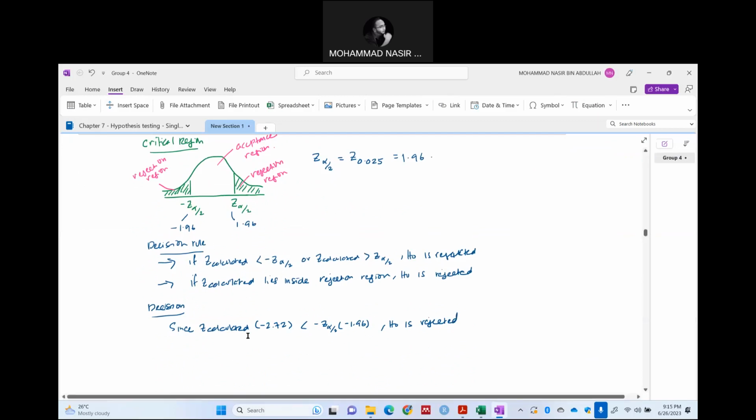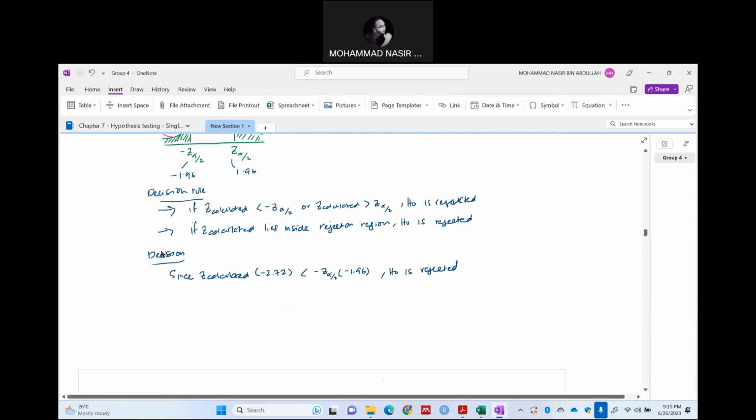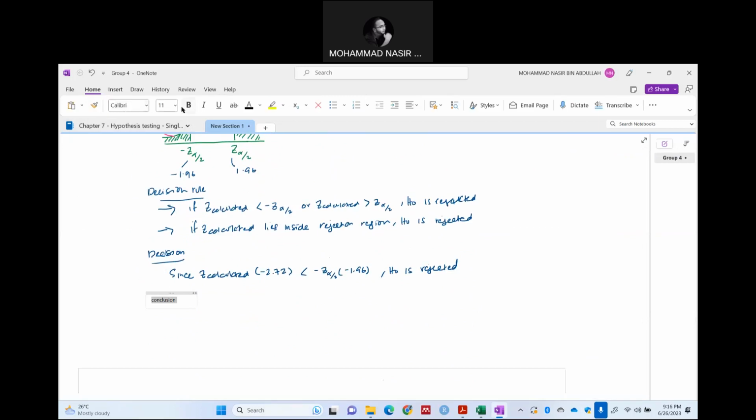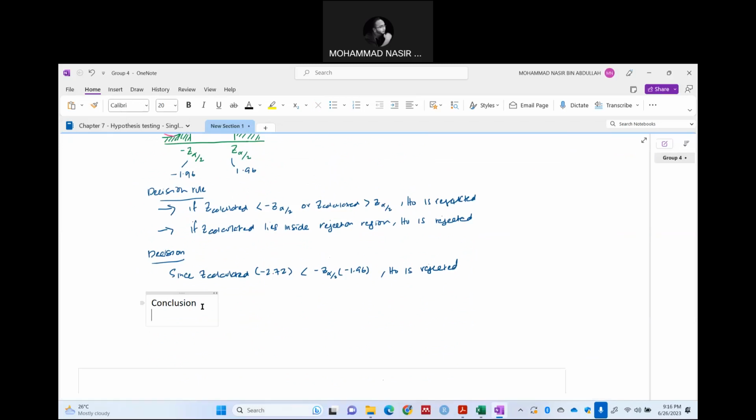So negative 2.72 is inside the rejection region. So the null hypothesis is rejected. So we make a conclusion. We reject the null hypothesis, we accept the alternative hypothesis.